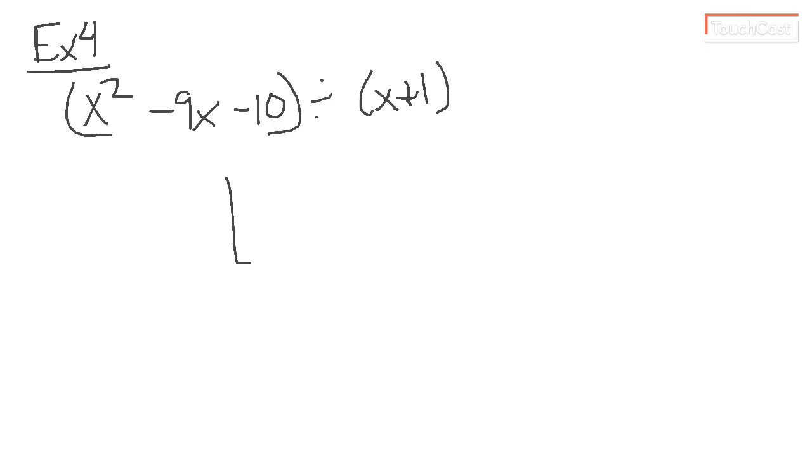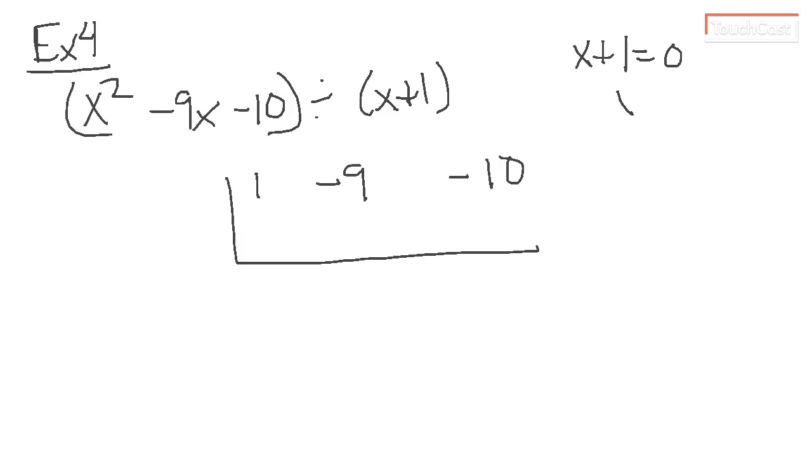So we make our little box. The number in front of x squared is 1, then negative 9, and minus 10. The number that's going to make x plus 1 equals 0 is going to be negative 1. So we write that on the outside. We bring down this first number, and then we multiply it by negative 1. 1 times negative 1 is negative 1, and we add going down.